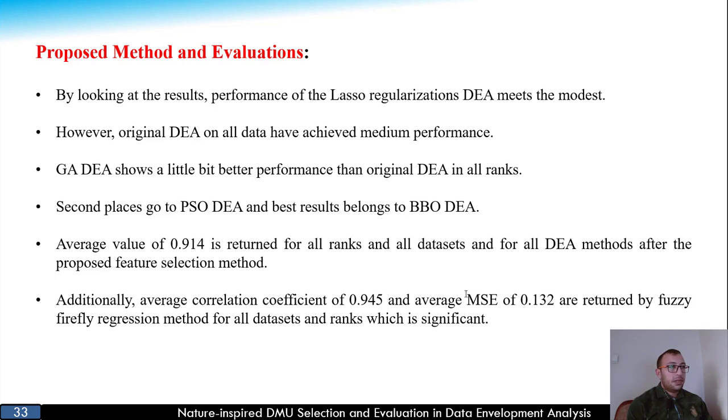An average value of 0.914 is returned for all ranks and all datasets, and for all DEA methods after the proposed feature selection method. Additionally, an average correlation coefficient of 0.945 and average MSE of 0.132 are returned by the fuzzy firefly regression method for all datasets and ranks, which is significant.